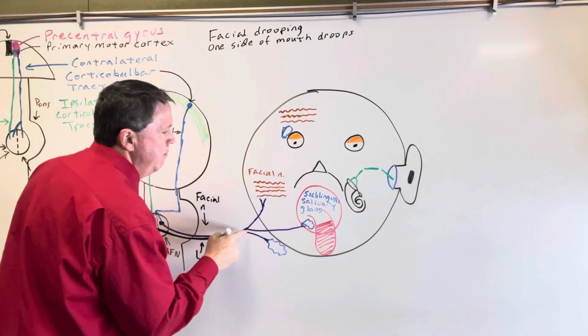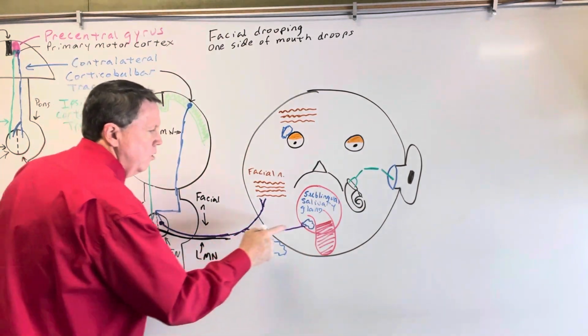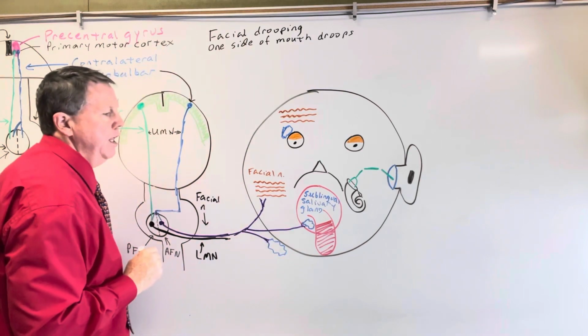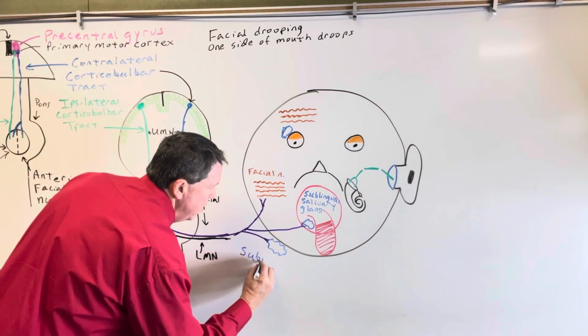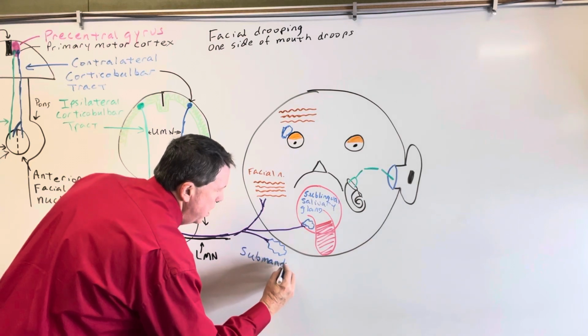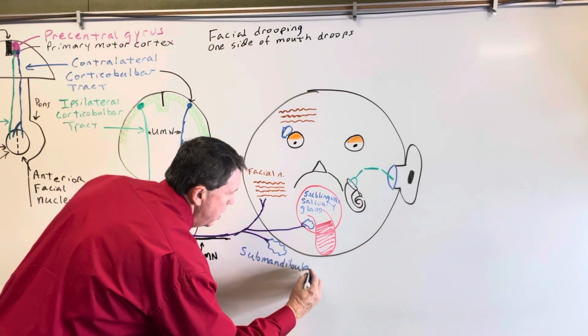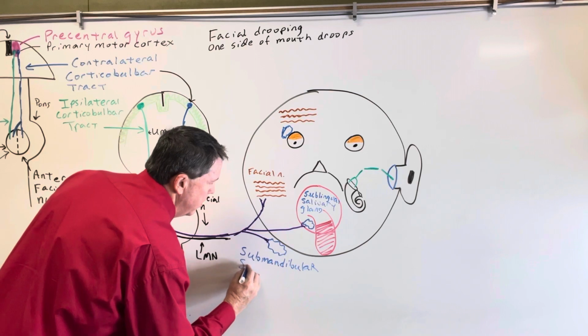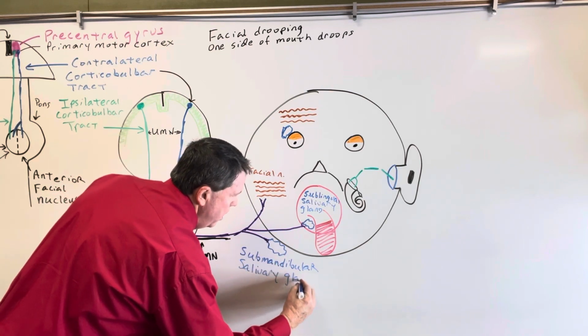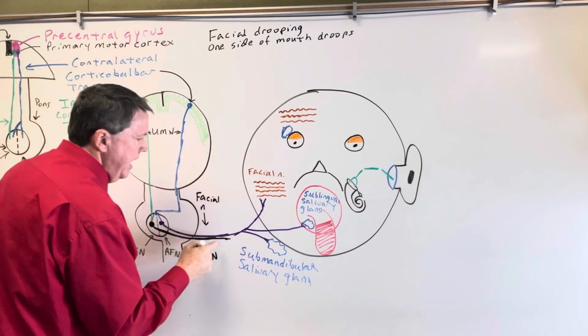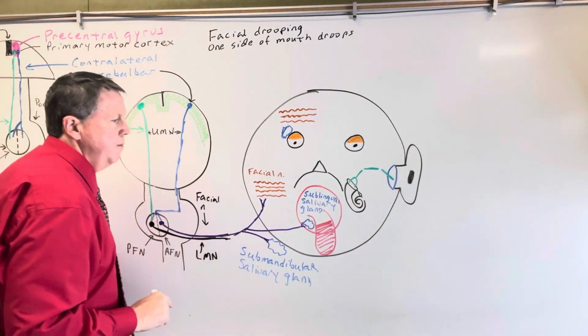Now, if I have damage to this nerve, I am not going to be able to make saliva. This here is the submandibular salivary gland, it's under the jaw. So if I get damage again to this nerve, I'm not going to be able to make saliva.